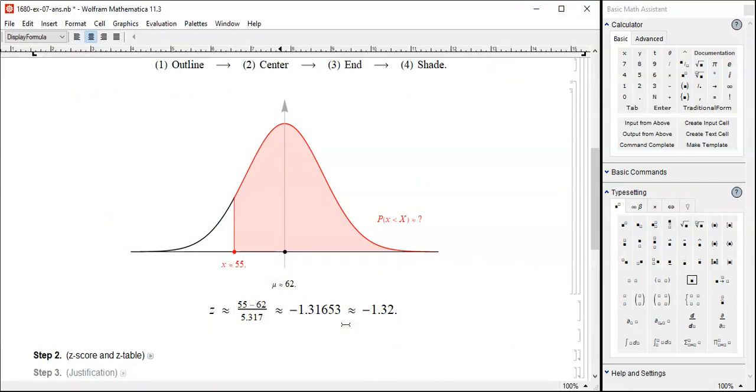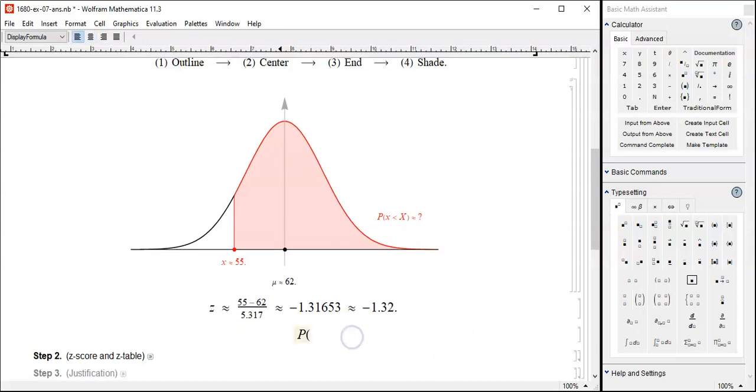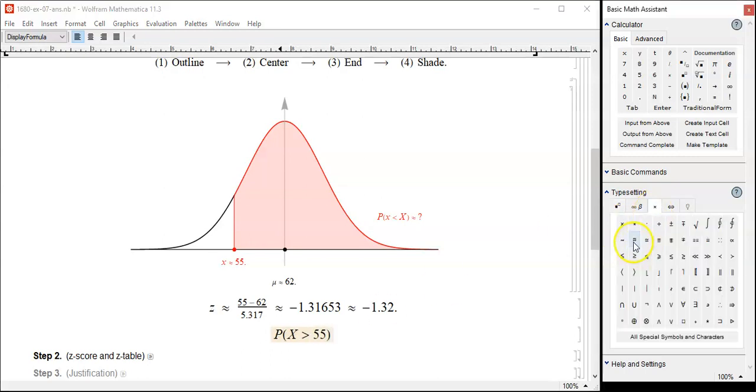So the probability the speed is faster than 55, that's approximately equivalent to z-score greater than negative 1.32.